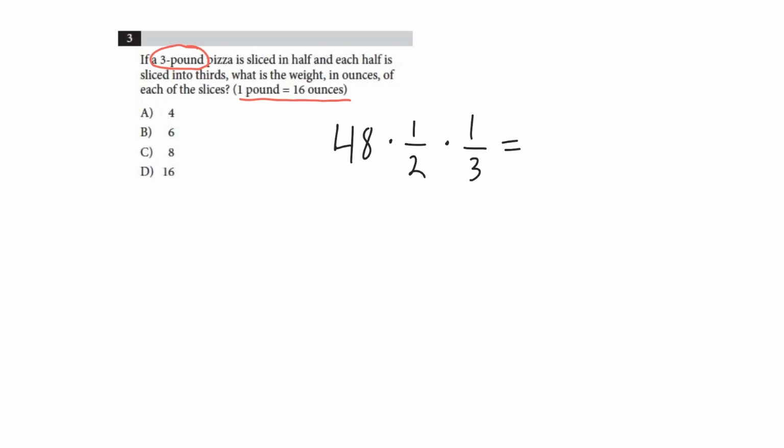Okay, so I'm going to divide here by 2. I'll get 24 on top, 1 on bottom. I'm going to divide here by 3, divide here by 3. I'm going to get 8 on top and 1 on bottom. Multiply through, I'm going to get 8 over 1, which is just 8 ounces per slice.